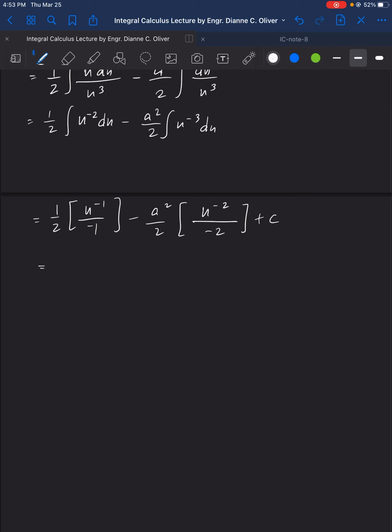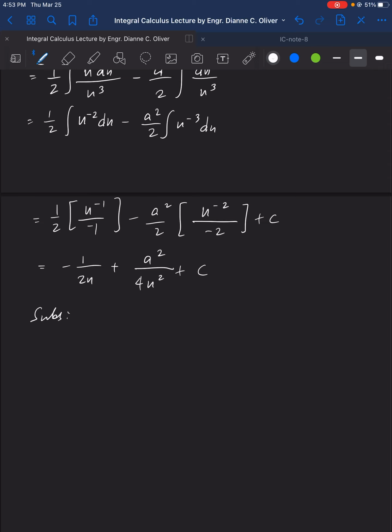So the final answer is negative 1 over 2u plus a squared over 4u squared plus c. Then that's not the final answer.